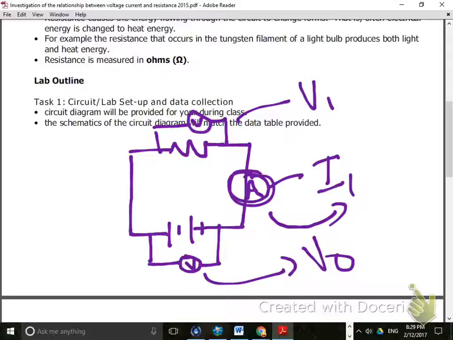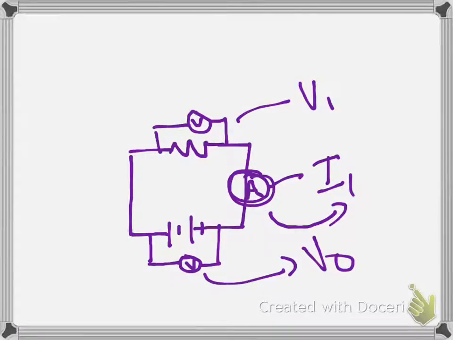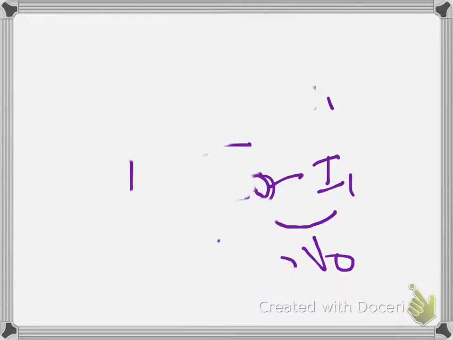So, just for an example, and just to clarify what's going on. For the first one, say we are going to choose a resistor that is, say, 20 ohms.